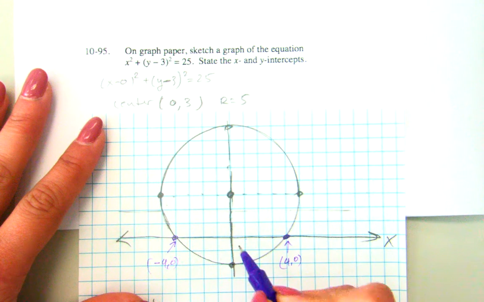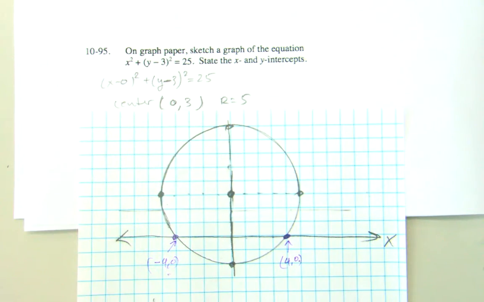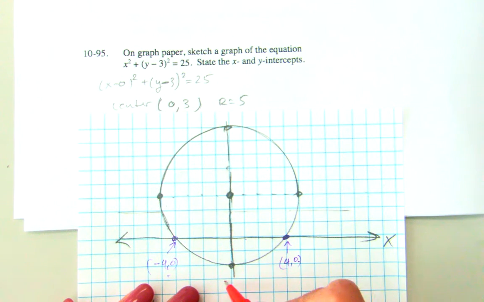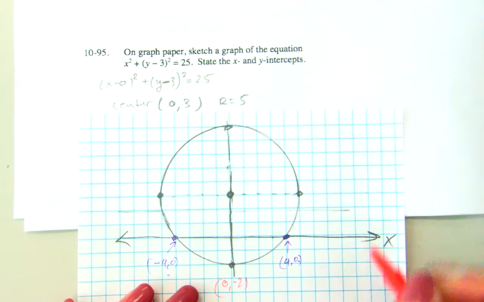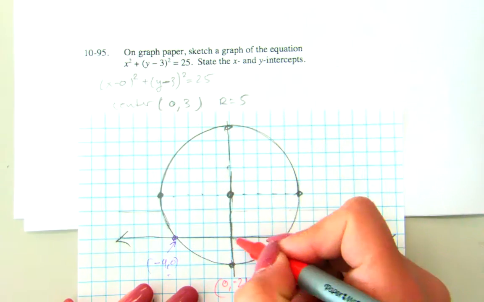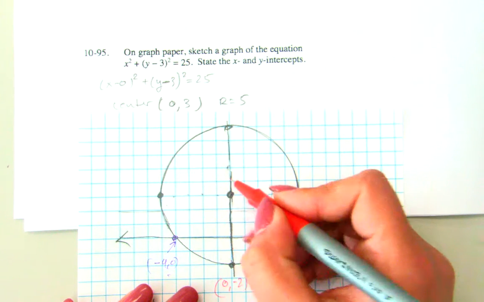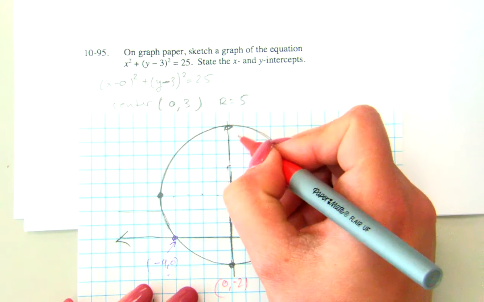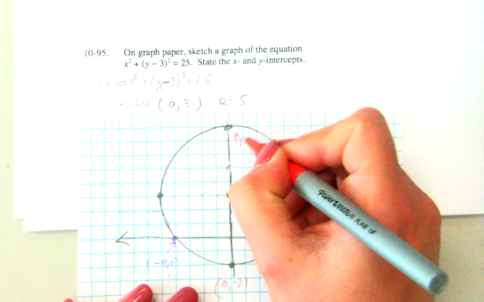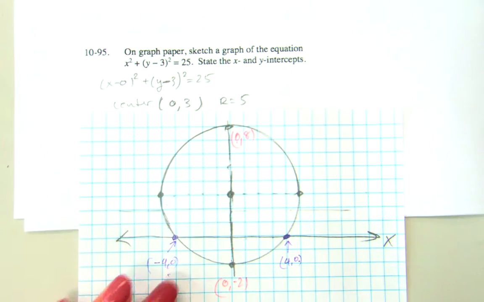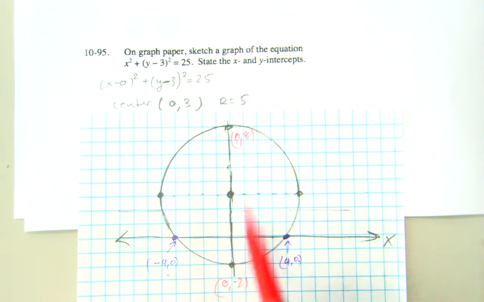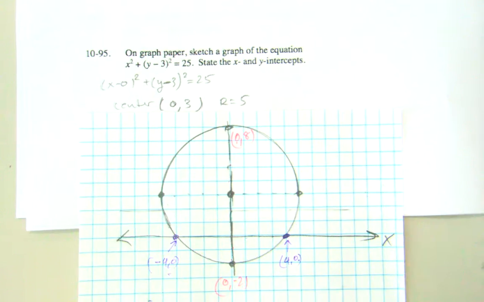That's the x-intercepts, and then the y-intercepts are at 0 and negative 2, and then at, well, that's 3, 4, 5, 6, 7, 8, so 0 and 8. There's your y-intercepts. The red ones and the purple ones are your x-intercepts.